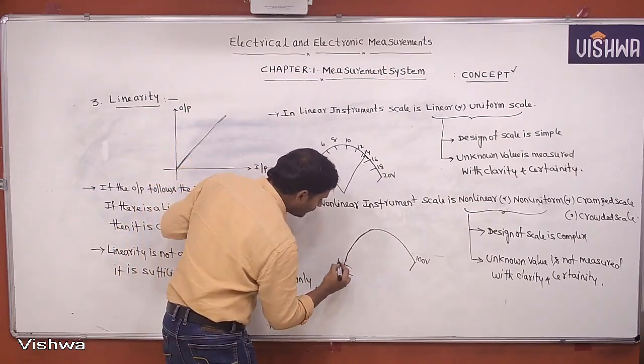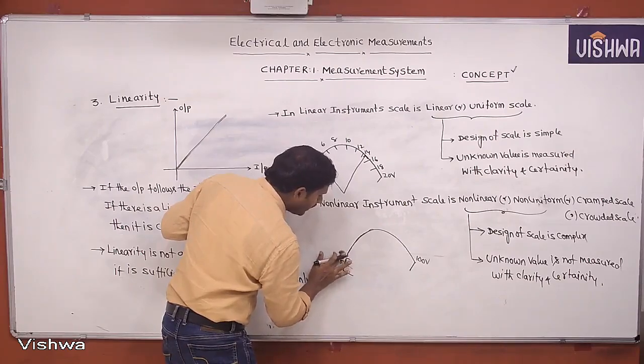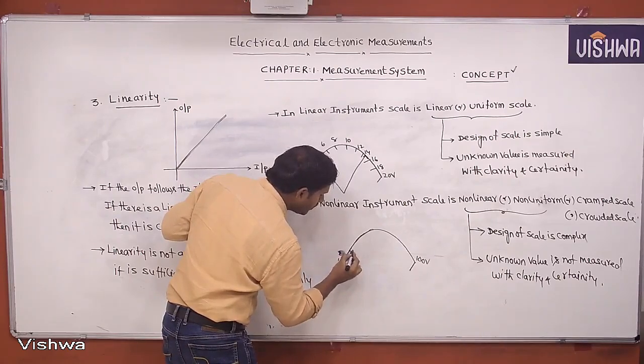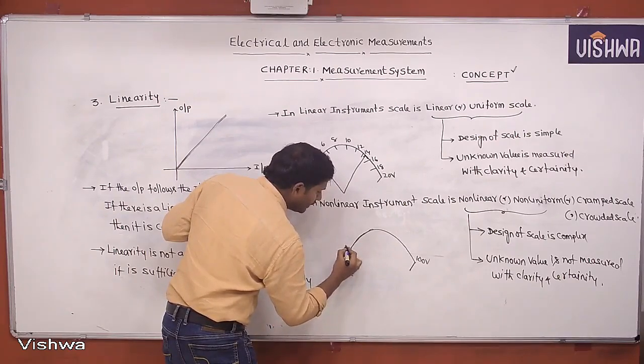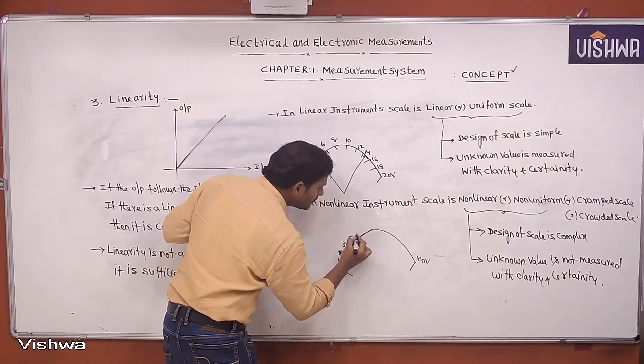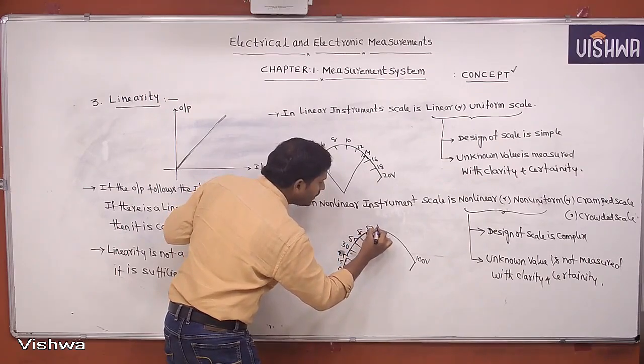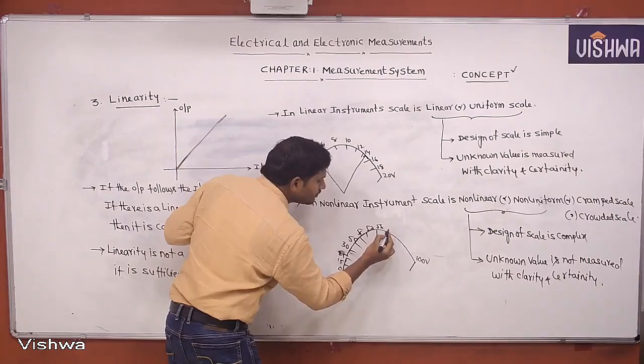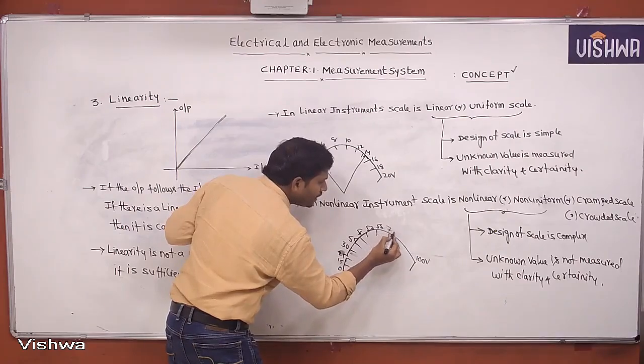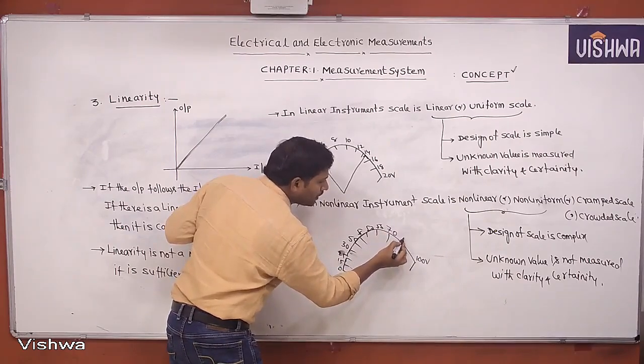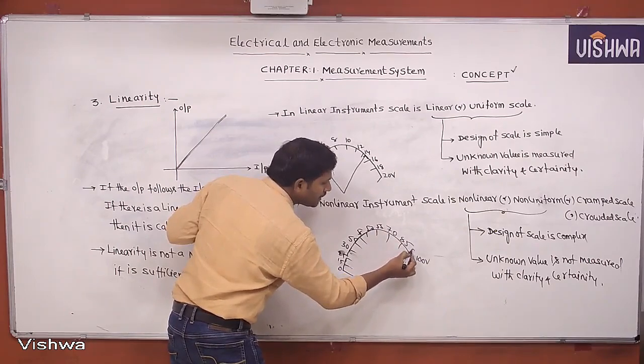Let this be 15 volts, this 40, let this be 25 volts, then this is 30 volts, this is 55 volts, then this is 56, 57, 58, this is 70 volts, and this is 85, this is 90.